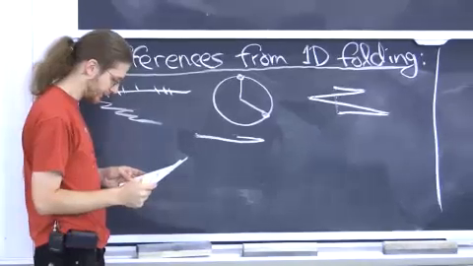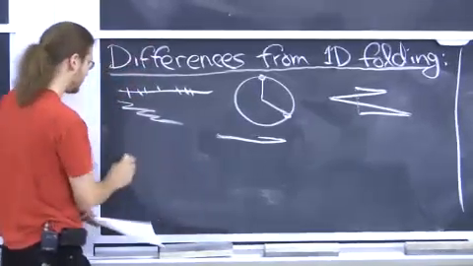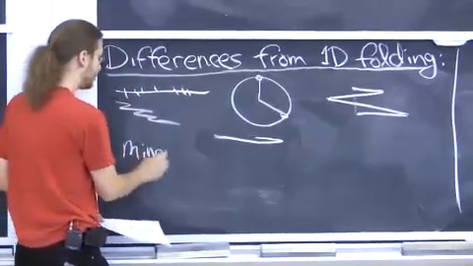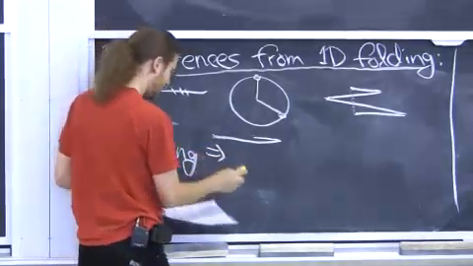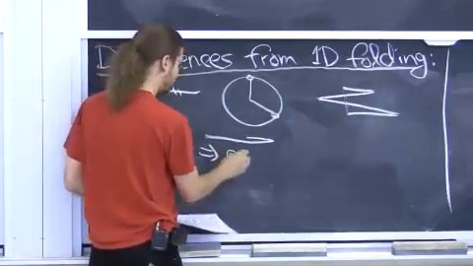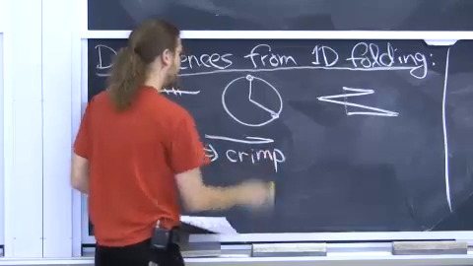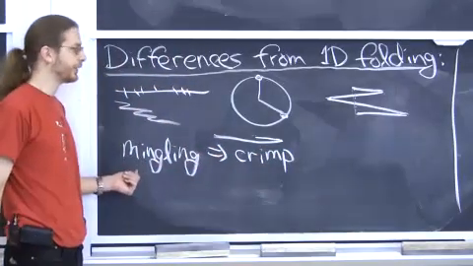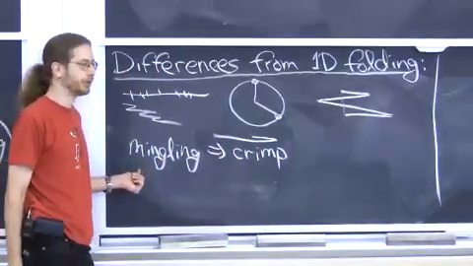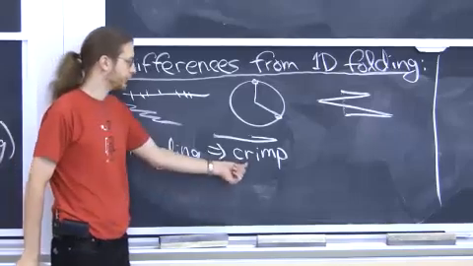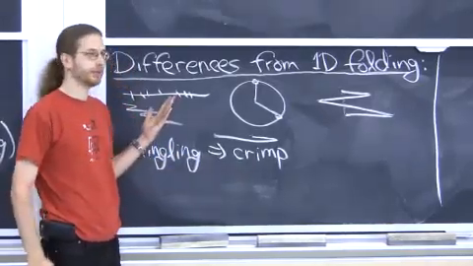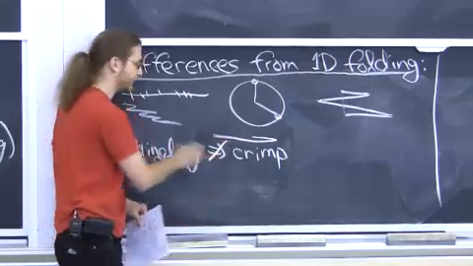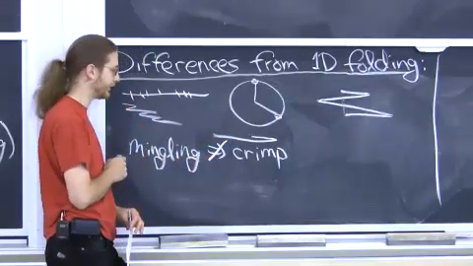There are other annoying things. Let me tell you one more on the proof side. Last time we had a lemma that said if your crease pattern is mingling, which still is a meaningful notion here, then you have a crimp or an end fold in that case. Here, of course, we don't have any end folds. Here we also do not get this implication. Mingling does not imply the existence of a crimp.